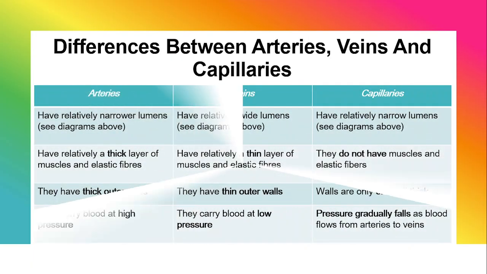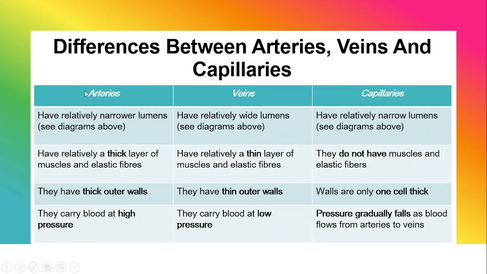Then the other difference is that arteries have relatively narrow lumens, as in the diagrams we displayed in the previous session. The veins have relatively wide lumens, and you can refer to the clearly labeled diagrams from the previous session to see how they differ. The capillaries also have relatively narrow lumens.